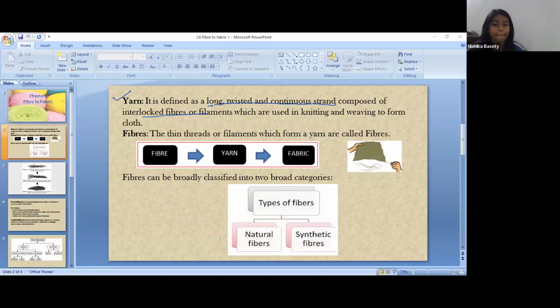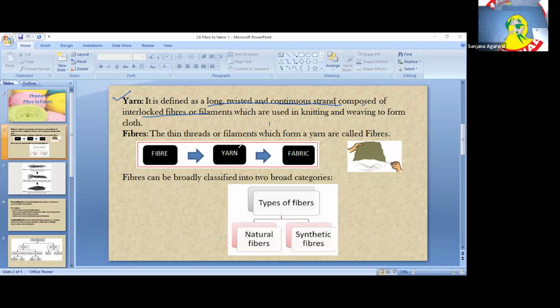So that single thread is known as the yarn, which is derived from plants or animals, wherever we are getting that fiber from. It is used in knitting and weaving to form clothes.